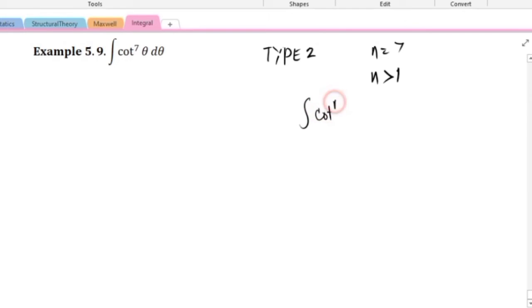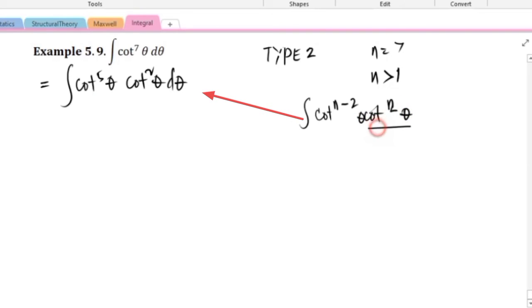So, cotangent n minus 2 cotangent square theta. And we express this cotangent square in terms of cosecant using the identity cotangent square theta is equal to cosecant square theta minus 1.